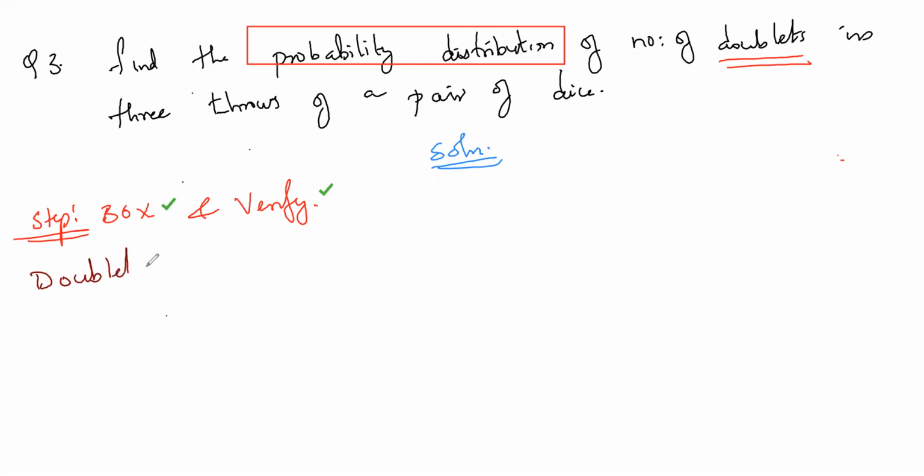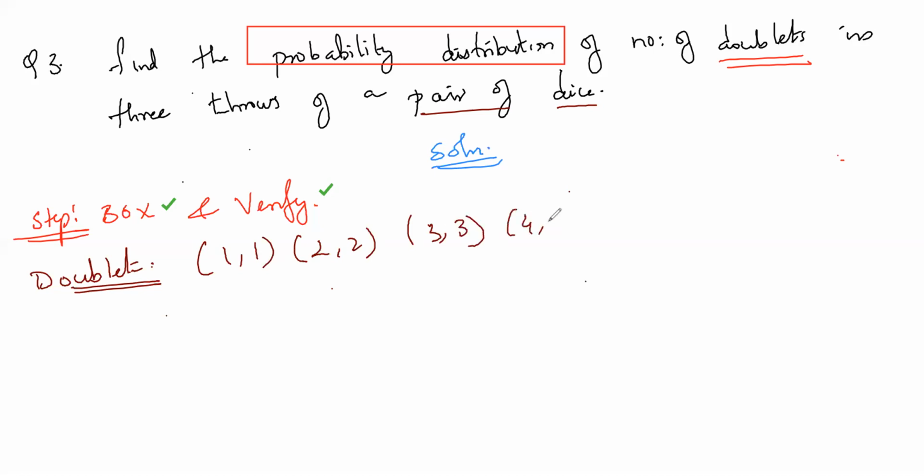Here, whenever I am throwing the dice, correct? Here it is 3 throws of a pair of dice. Pair means 2. Whenever I am throwing 2 dice, if I get the same number, 1, 1, 2, 2, 3, 3, 4, 4, 5, 5, and 6, 6 respectively, this is nothing but my doublet.